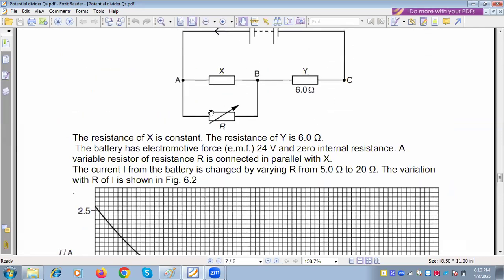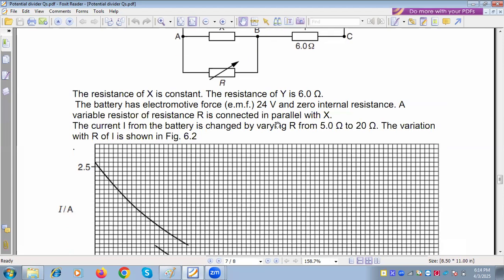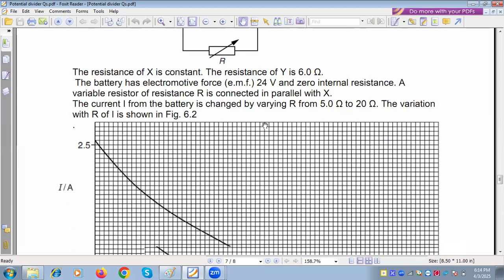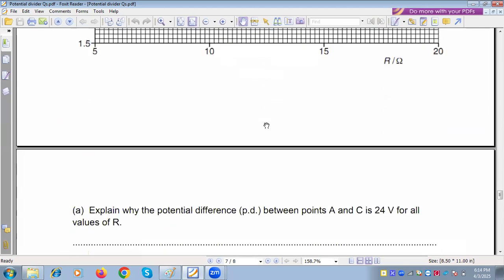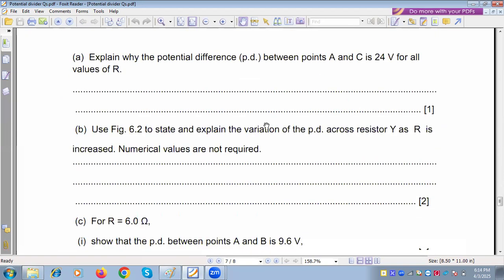When R is increased, what will happen? The total resistance between A and B will also increase, and current will decrease. Since Y is fixed at 6 ohms, whatever the current, the potential difference across Y will be 6 into I. And since I decreases due to the increase in R, the potential difference across Y decreases.